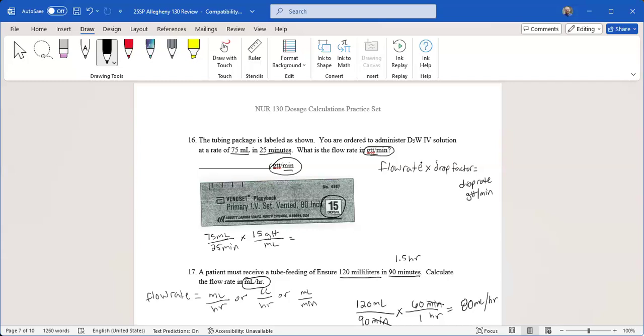I made this simple when I created this question a long time ago, so I know the answer is just 45 drops per minute, but I'm going to take 75 times 15 and divide by 25. I'm going to get the same answer, 45. Now I'm doing a bad job of mirroring something that I want you to be practicing if you're not already. In this setup, I've eliminated milliliters and I'm left with drops per minute, which is what I'm looking for.